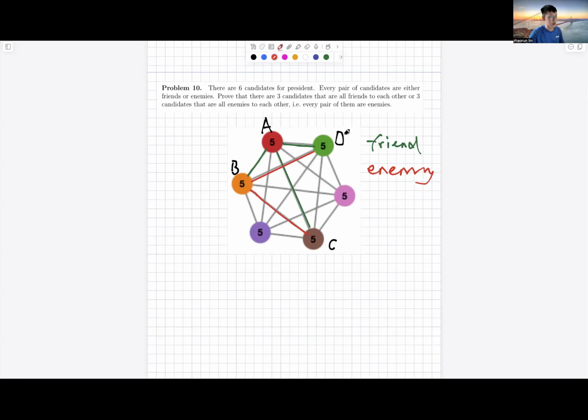And the same case for A, D, and C. We should always put a red here. But now, if we look at the graph, we have a group of enemies of size 3. If you see B, C, and D, they are a group of enemies. So in the end, we will always have a group of 3 that is all friends or all enemies.